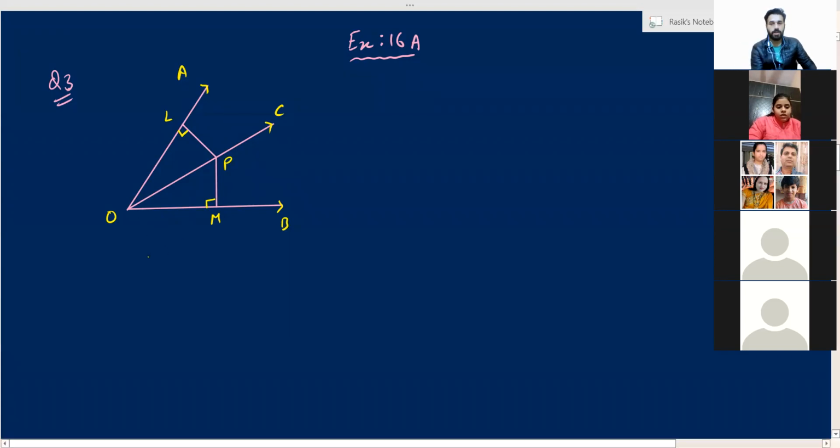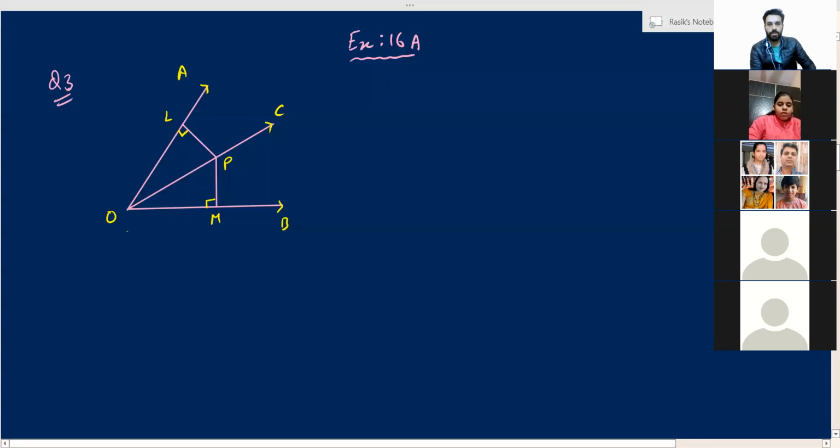So how to do it? The method, the proper method. Here, in the two triangles PLO and PMO, we can see that in both the triangles one angle is 90 degrees each, a right angle. The side PO, look at this PO. Is this a side which is common in both the triangles?